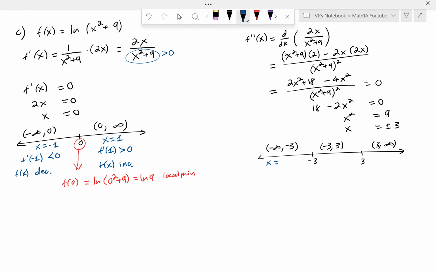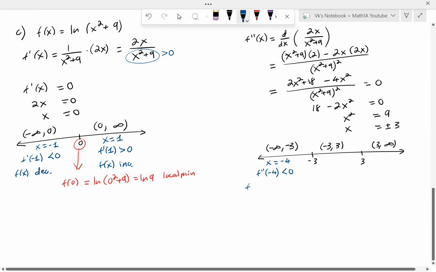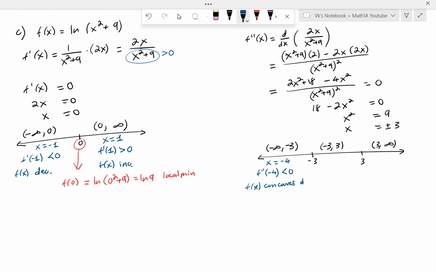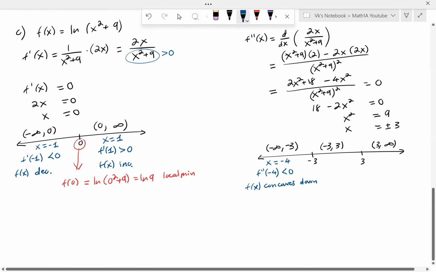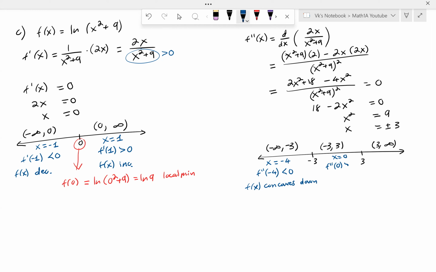x equals negative 4. f double prime of negative 4. Well, if you look at the second derivative, that's going to be negative, less than 0. f(x) is concave down. Here, put x equals 0. f double prime of 0, well, it's pretty clear, it's more than 0.